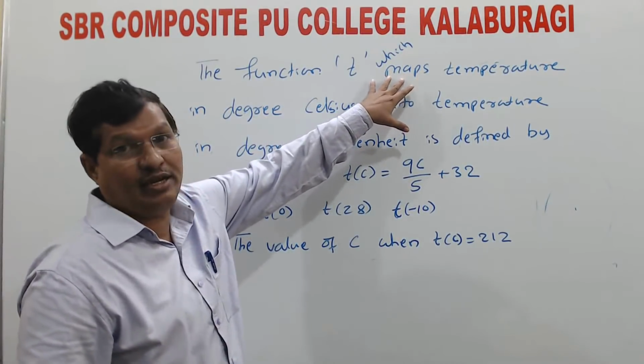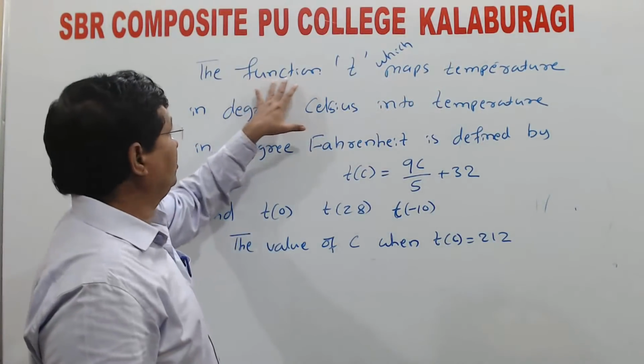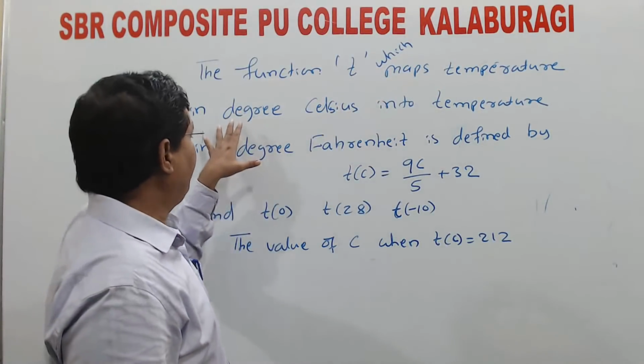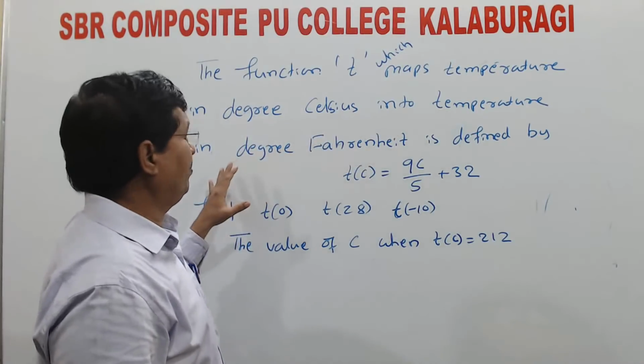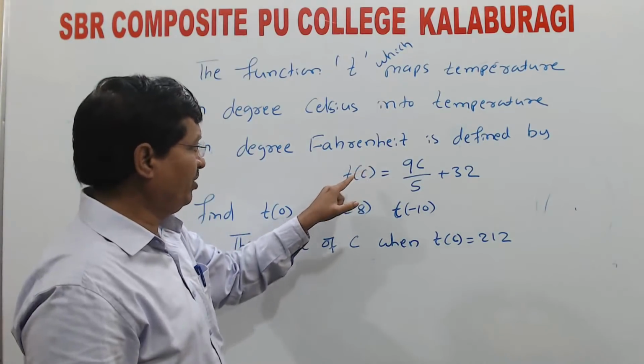A function can also be called a mapping from domain to codomain. The function t which maps temperature in degree Celsius into temperature in degree Fahrenheit is defined by t of c. In place of f here t is there.